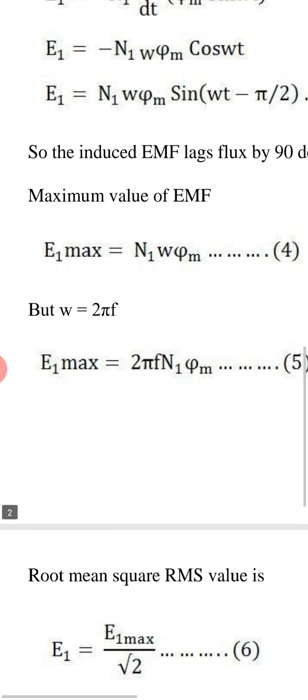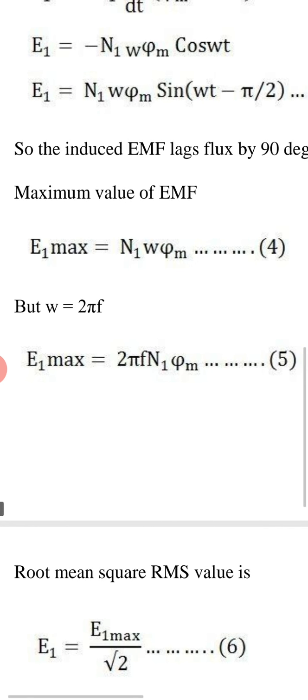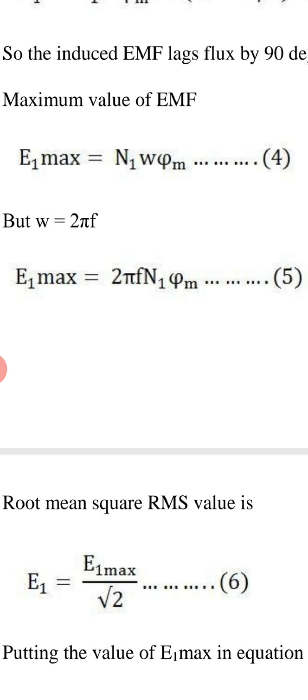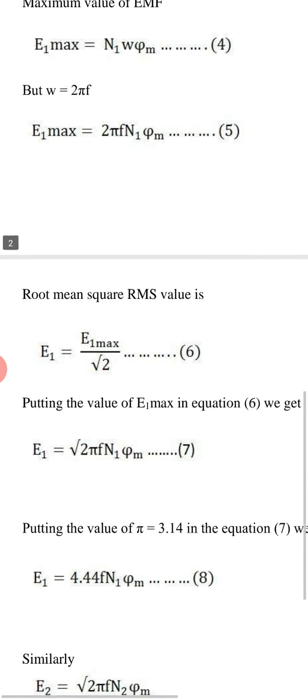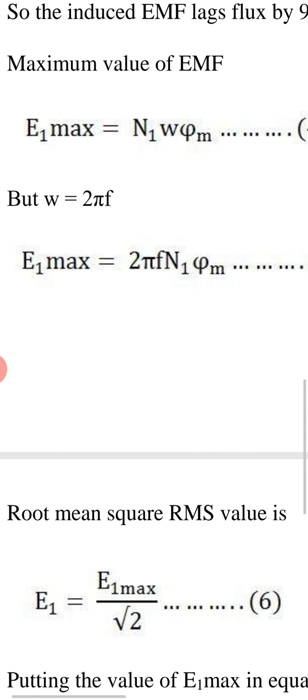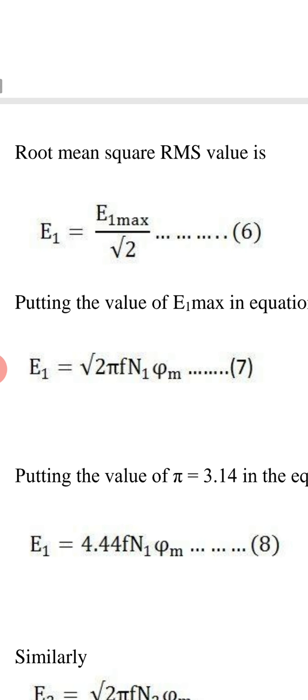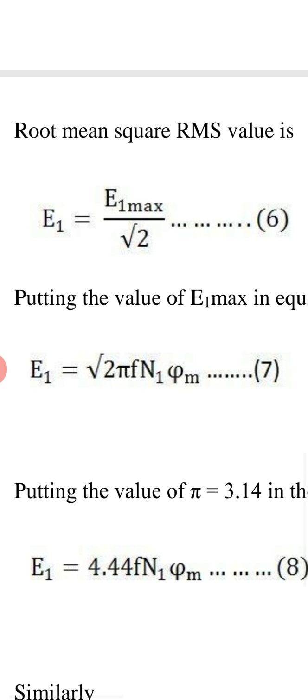But we know that omega is equal to 2 pi f. Putting the value of omega in equation number 4, we get E1 max is equal to 2 pi f N1 phi m, where f is the supply frequency, N1 is the number of turns in the primary winding, and phi m is the maximum value of flux. So this is the maximum value, the peak value of the induced EMF. Now if we find the RMS value, the root mean square value of the induced EMF, E1 is equal to the maximum value of the induced EMF by root 2.